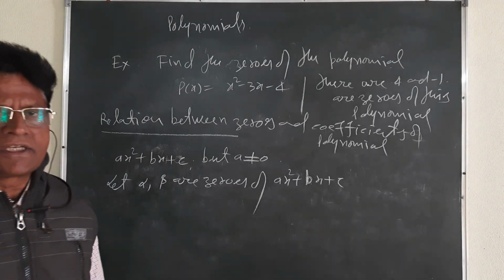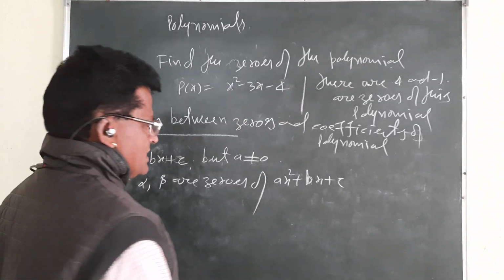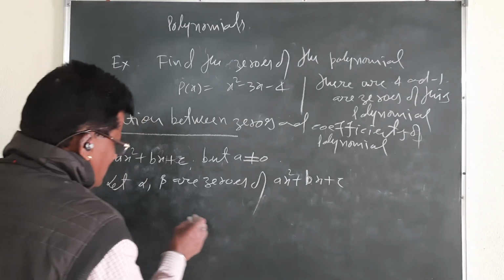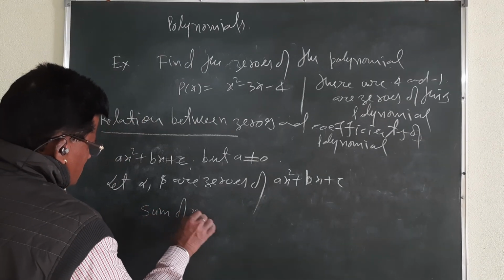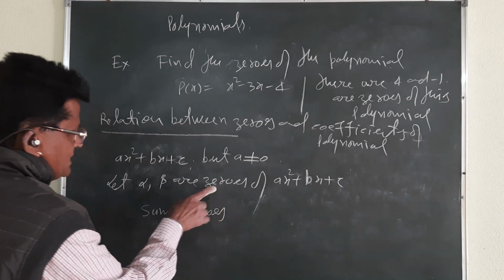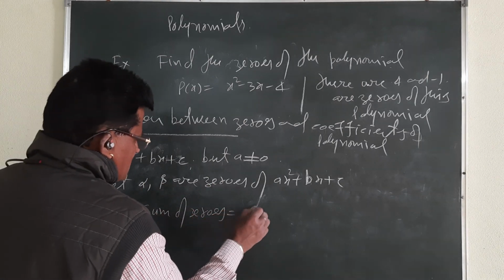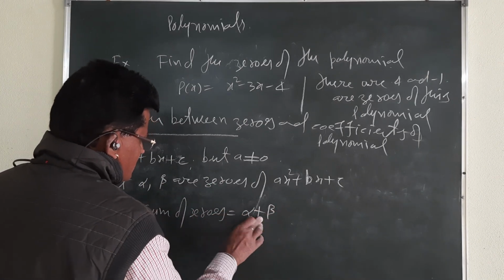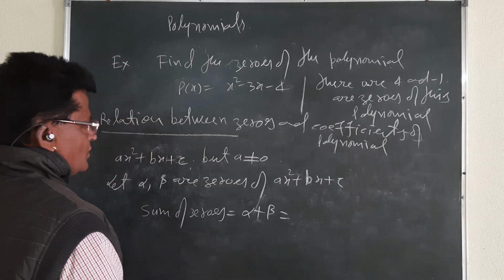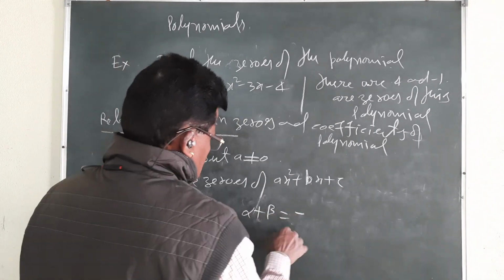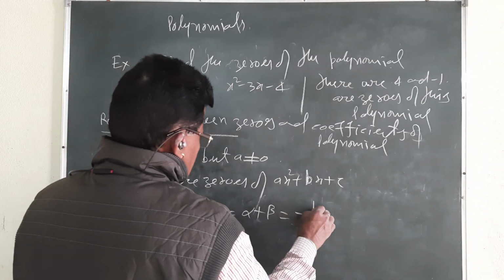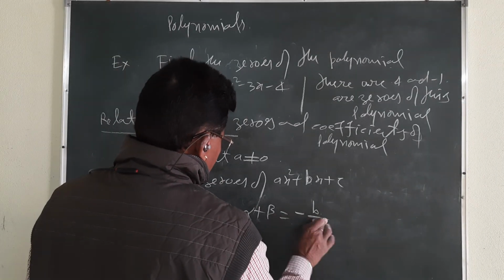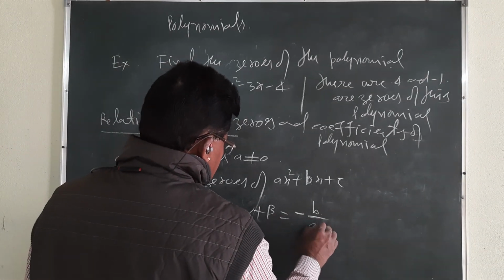If alpha, beta are the zeros of this quadratic polynomial, then the sum of zeros, as I told you, alpha, beta, these are the zeros. Sum of zeros, how do you write? Alpha plus beta. Its value will be equal to negative coefficient of x, that is b, upon coefficient of x square, that is a.